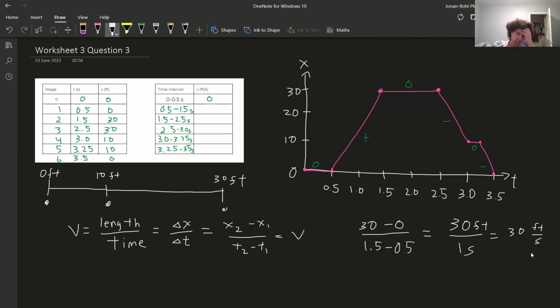So we have just calculated that during this interval of 1 second and 30 feet, you travel at a speed of 30 feet per second. So let's plug that in, 30 feet per second. Now, like I said before, for the next interval, we can just guess. We know that the position doesn't change, so the velocity must be 0 because you're not moving.